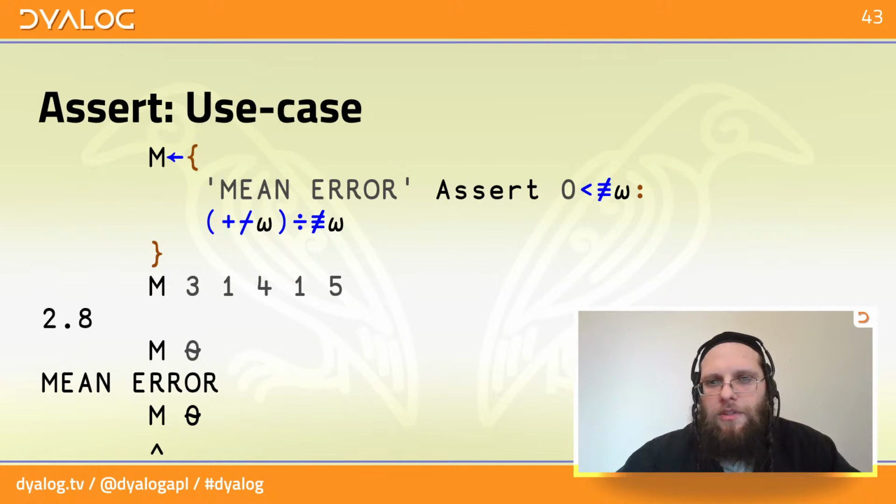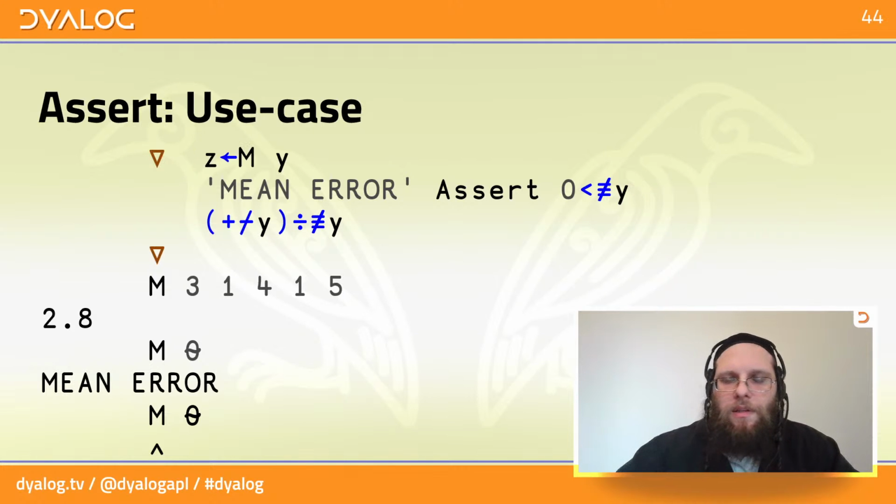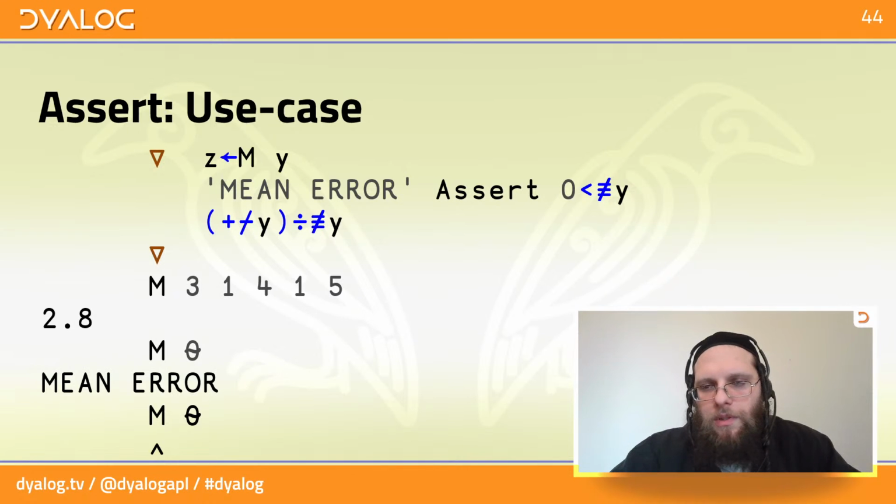Okay, this is for a dfn. In a tradfn, you take away that colon. Now, we saw that assert was returning a shy 0, and that was used as the true-false value for the guard, causing the function to continue. In the dfn, instead, we're not using the fact that assert returns a 0, we're using the fact that assert is shy.